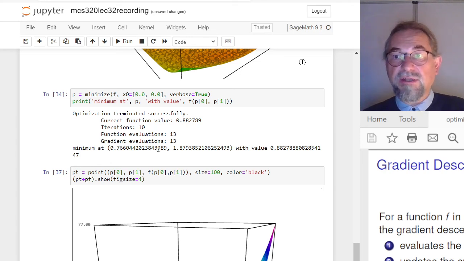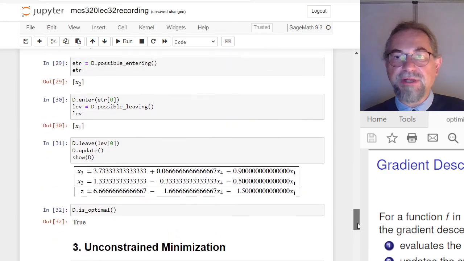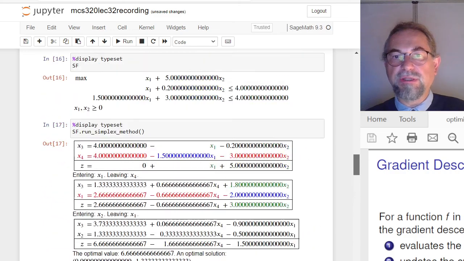Okay, with this I conclude this very brief introduction into optimization. Also briefly getting into the H representation and the V representation, which brings us into the world of polyhedra.